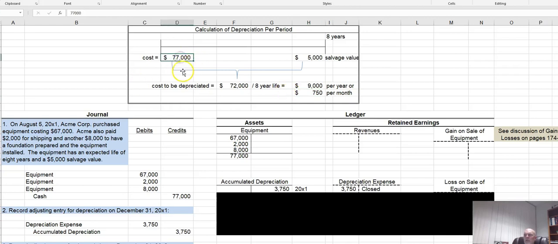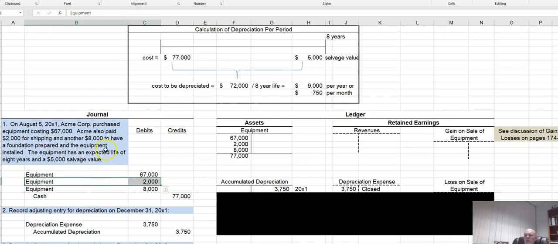Okay, now the cost, the 77, here's where it came from. On August the 5th, Acme Corporation purchased equipment costing $67,000. So we debited equipment for $67,000. We paid $2,000 to the trucking company for shipping. That'd be another debit to equipment.